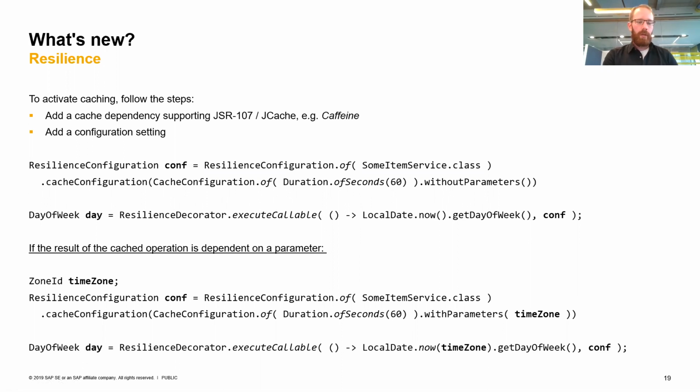And here again, also a word of caution: depending on the identifier that you passed into the resilience configuration, in this case, this service class, any method that uses this same configuration also uses the same caches under the hood.